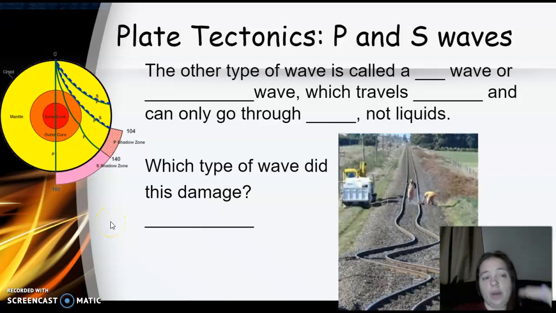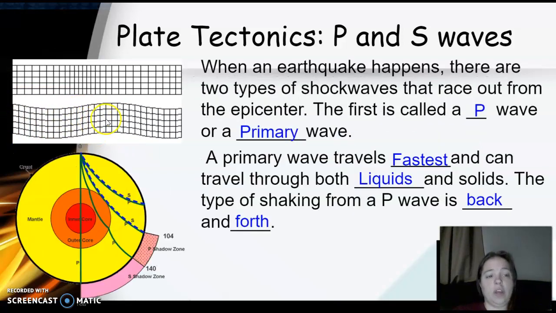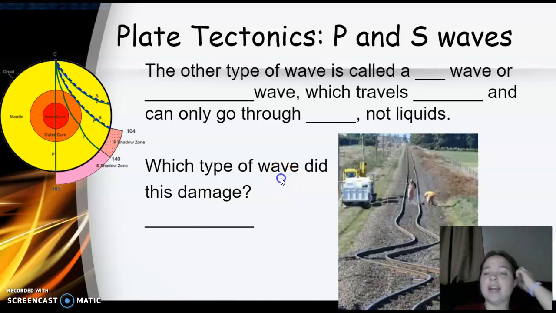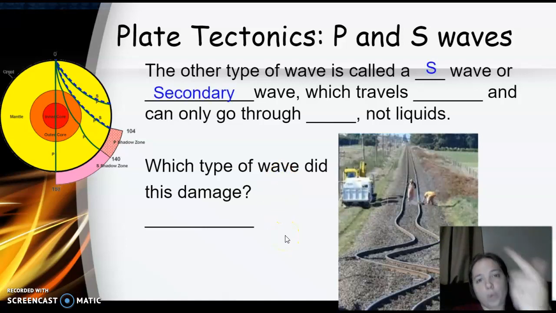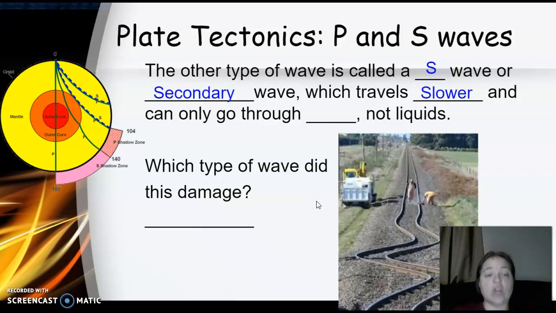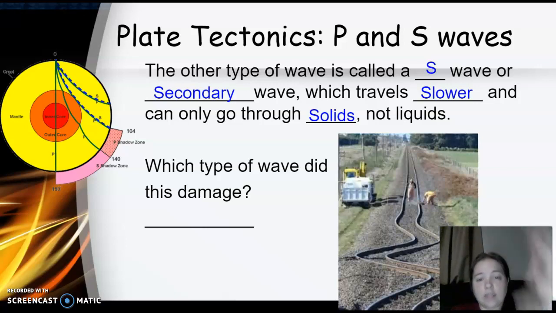The other type of wave, which is this one right here, is called an S wave, or a secondary wave. So you got P, primary, push and pull. Now you got S wave, which is secondary, and it's slower or slowest and can go through only solids. So S wave, second, slow, solid.